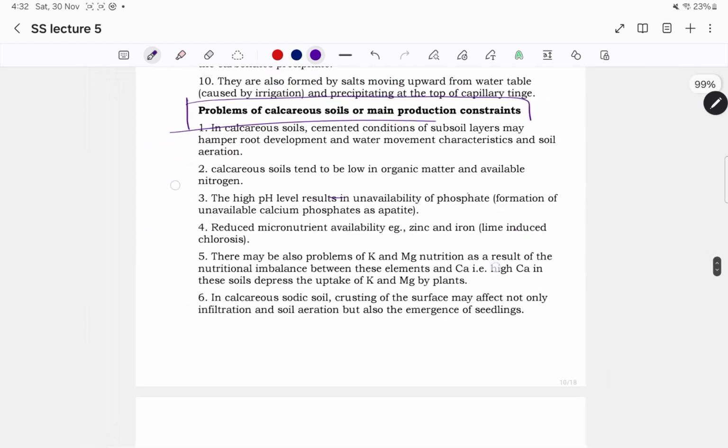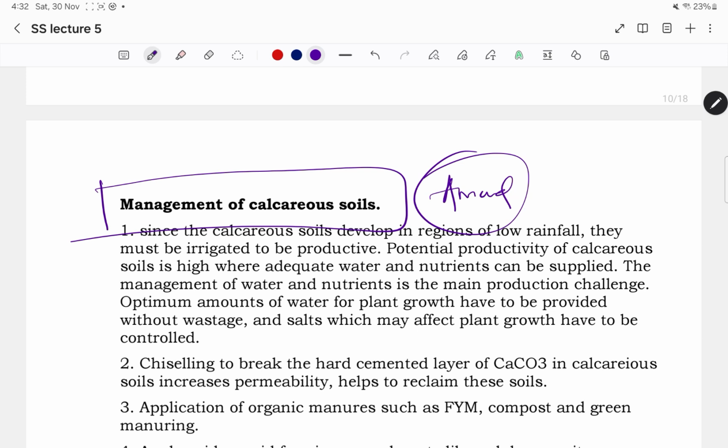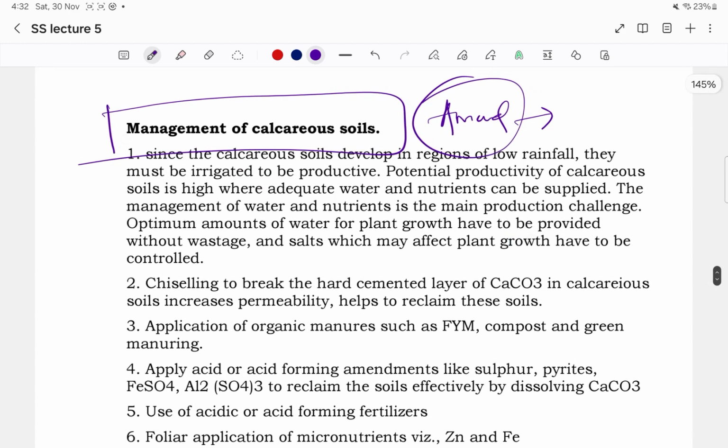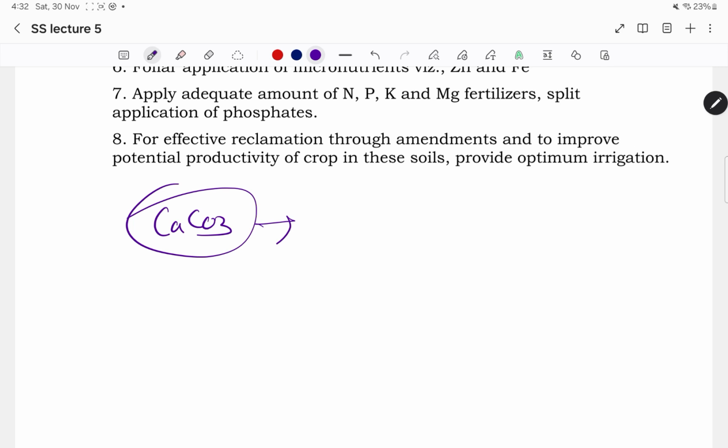How can we reclaim this calcareous soil? How can we manage? How can we amend? How can we get this soil to the normal condition? One is leaching. We have to remove whatever excess calcium carbonate is there. How can we remove it?